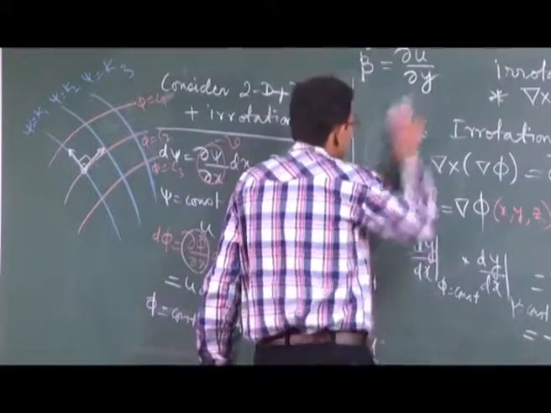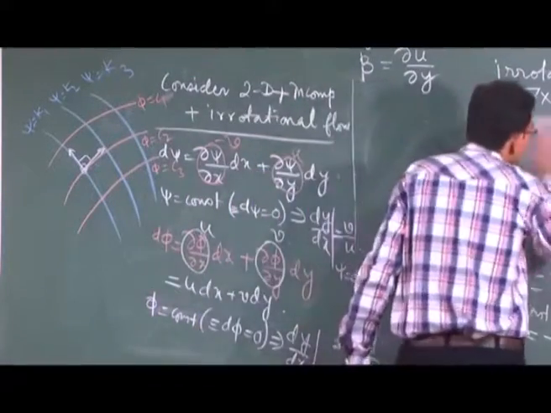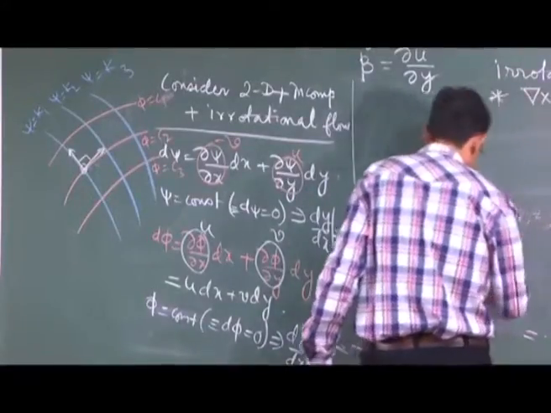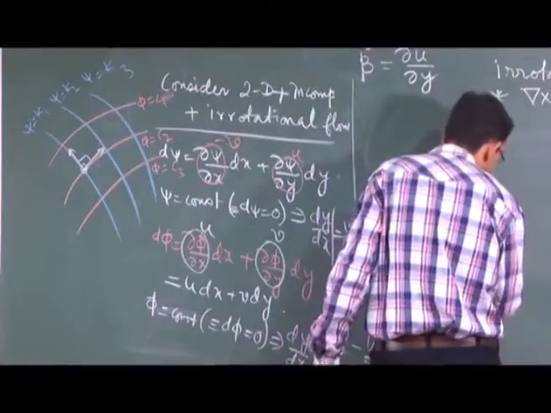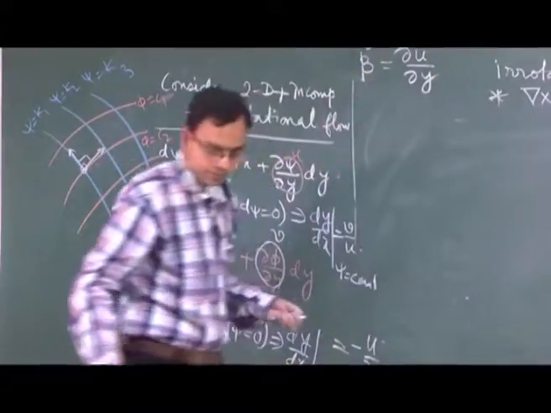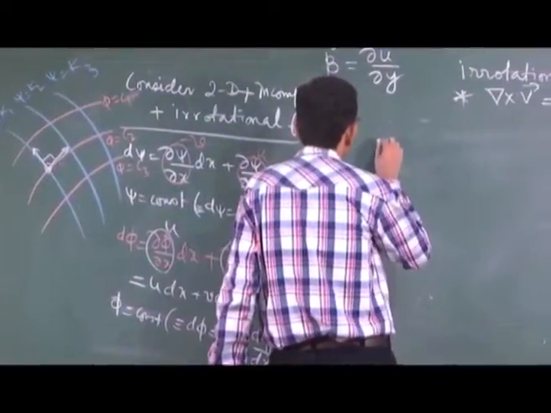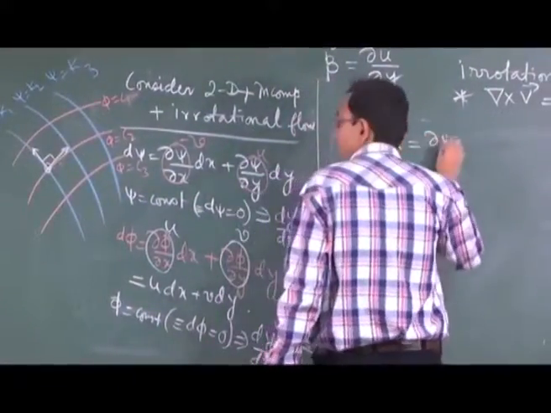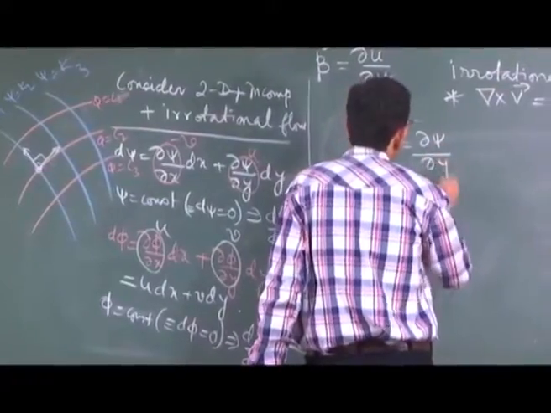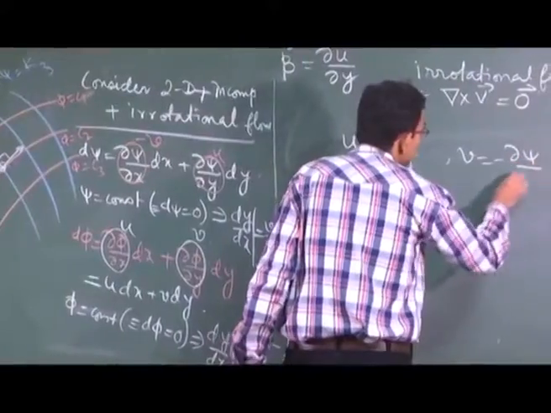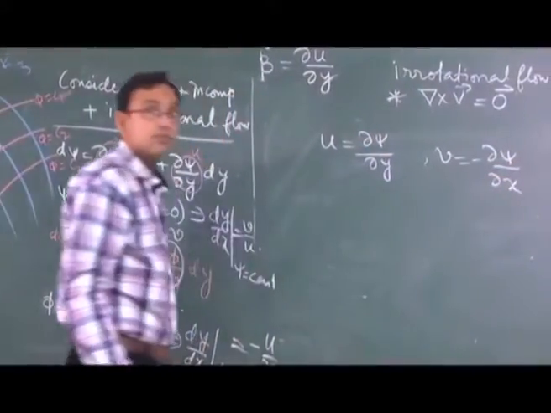The other point about this phi and psi is, let us consider the definition of psi. So, u is equal to del psi del y and v is equal to minus del psi del x.